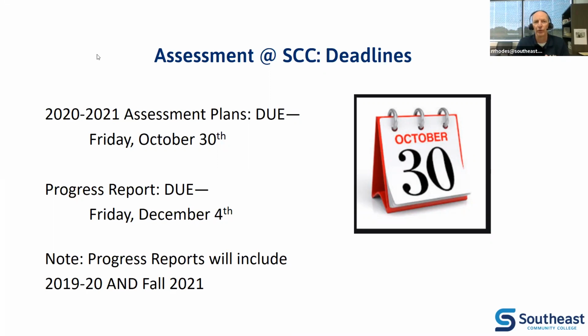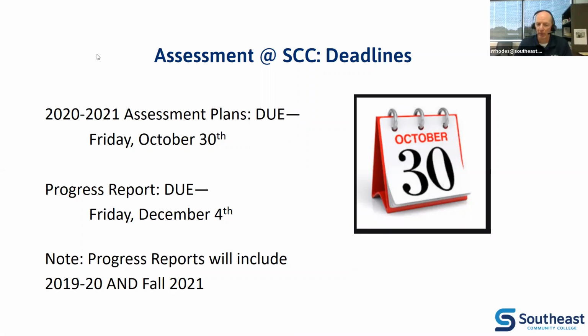So for this year, given where we're at in the semester, we're going to ask that in 3 weeks from today, your assessment plans, your updated ones for this academic year, should be completed. And because we're going to ask that you assess at least one outcome, we'd like those reports, those results due in December, by the end of the semester, and include what you did last year in 2019-20.